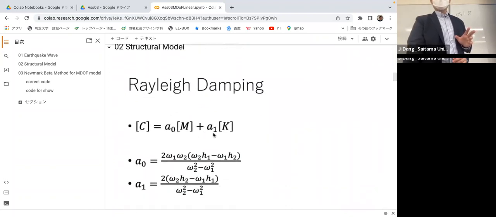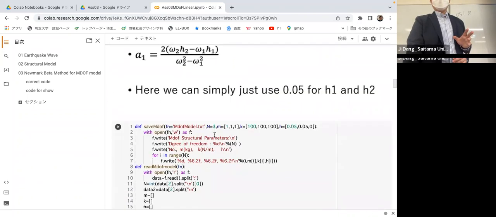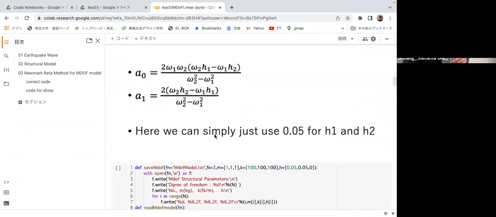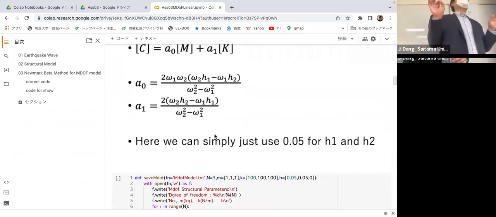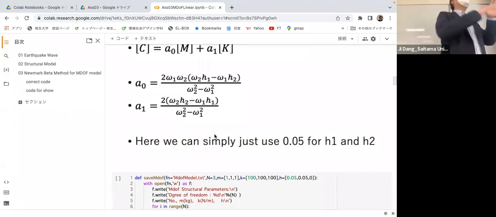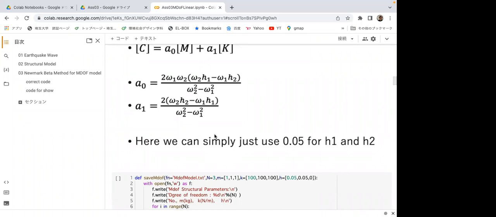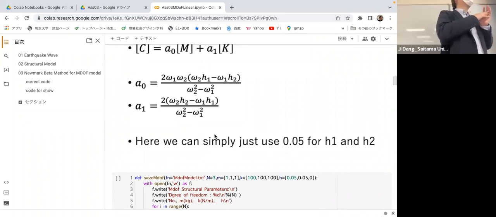So remember this equation, Rayleigh damping. For H1 and H2, H1 is the damping ratio for the first mode and H2 is the damping ratio for the second mode. Generally, they follow some equations where high frequency has higher damping and low frequency has lower damping.